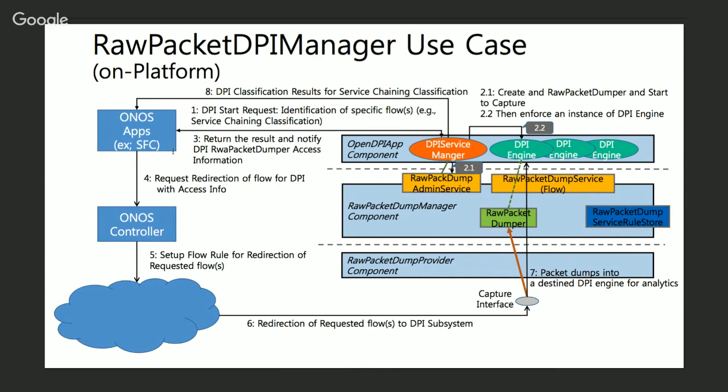The application can convey that information to the ONOS controller, and when the controller sets the flow rules, it knows which flows it has to redirect and the destination of that redirection. So those are processes 1, 2, 3.